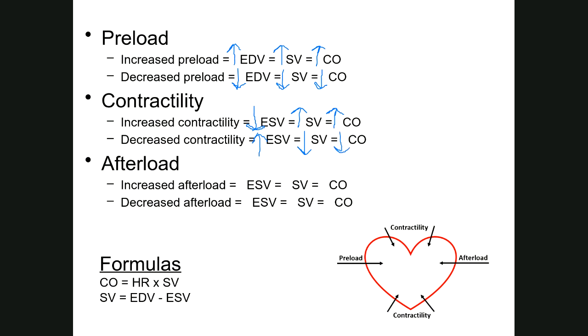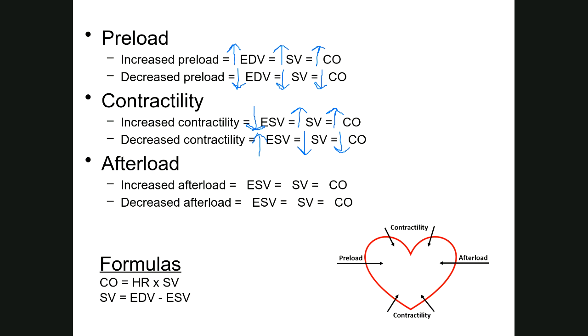Afterload we've talked about, so again, that's that back pressure that we have on the heart that's represented by my little simplified drawing down there. When afterload increases, there's more back pressure on the heart. That means it's harder. The heart has to generate a higher force in order to move blood from the left ventricle into the systemic circuit.